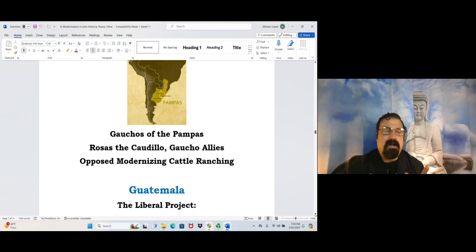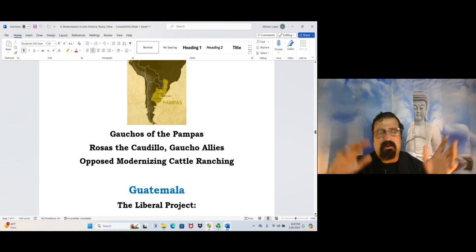They're looked down upon, in other words, as nomads, migrants, filthy and very violent individuals that engage in fighting, etc. And they're being threatened by the liberals as the liberals are trying to introduce a new system of cattle ranching, fences, for example, barbed wire, and trying to graze certain kinds of cattle and build slaughterhouses and so on to export leather and beef and the like. So they want to introduce new methods.